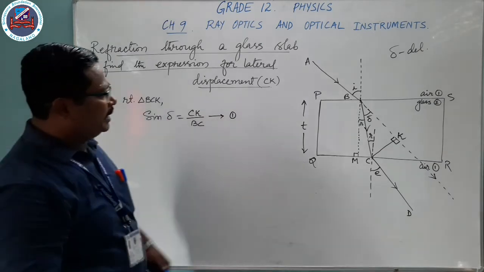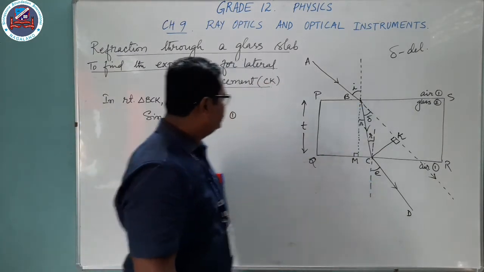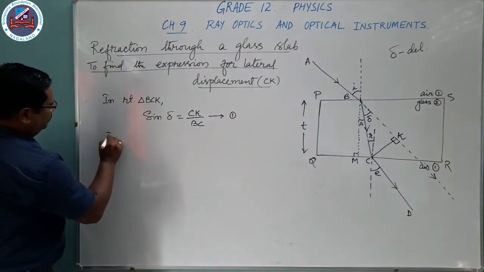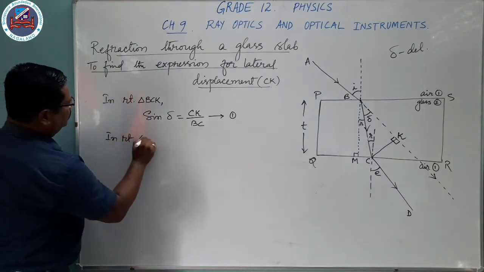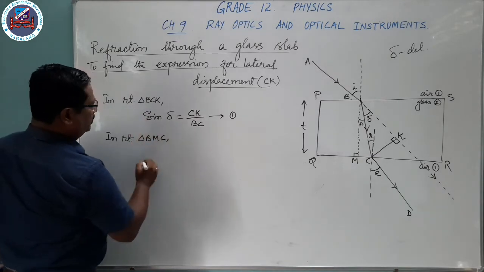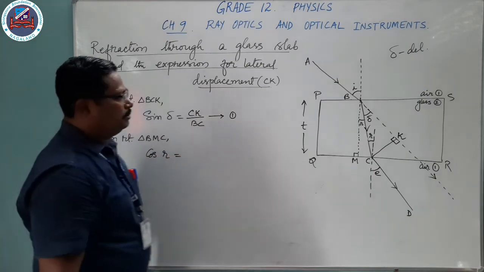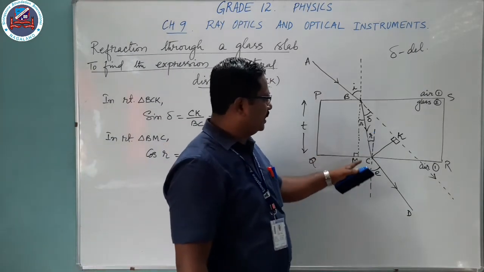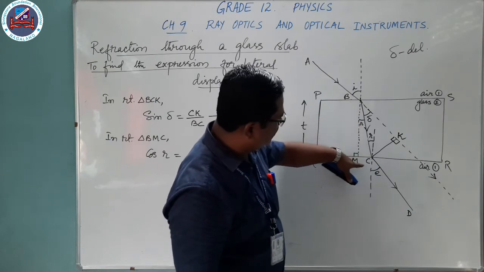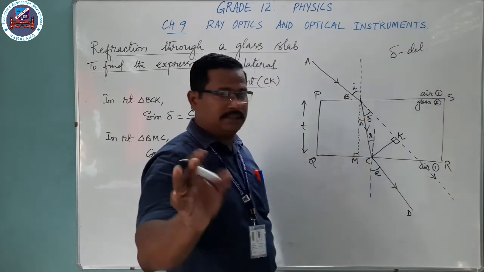Like that, you take another right triangle BMC. In right triangle BMC, you can find out cos R. Now you may think, why cos R? Why not sine? Because if I find sine, I'll get perpendicular by hypotenuse this side. But MC, we don't know what it is.